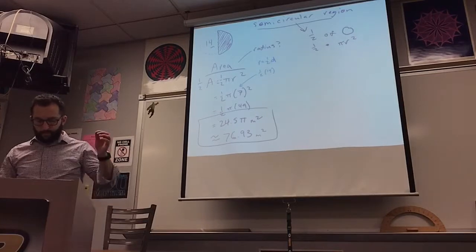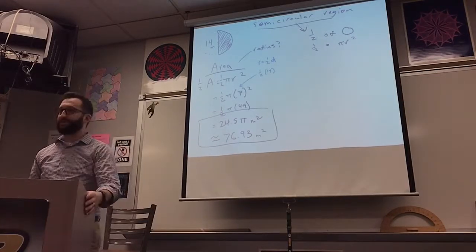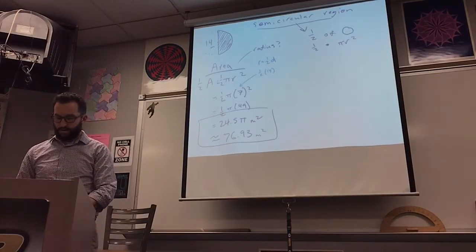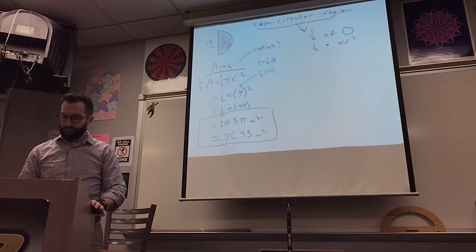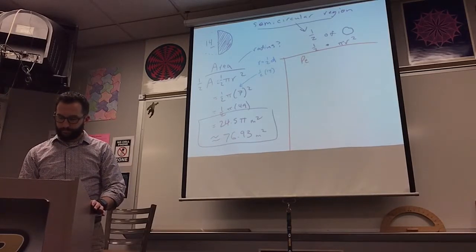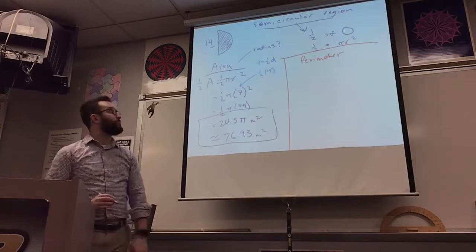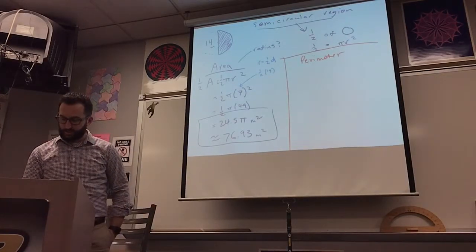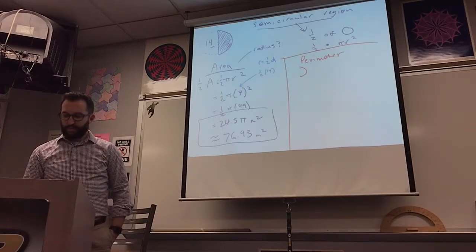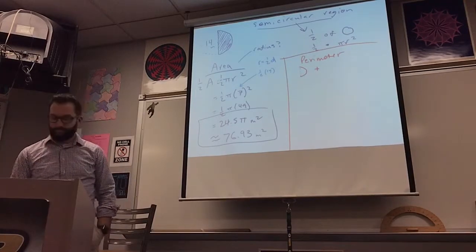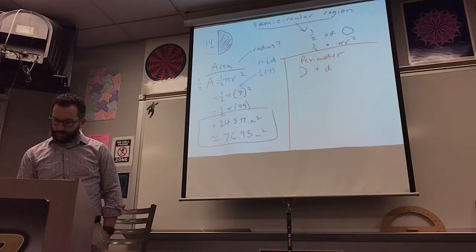Now, the perimeter of this thing is different than finding the area. Let's find the perimeter of this. The perimeter of this thing is, I take half a circle plus what? The diameter.